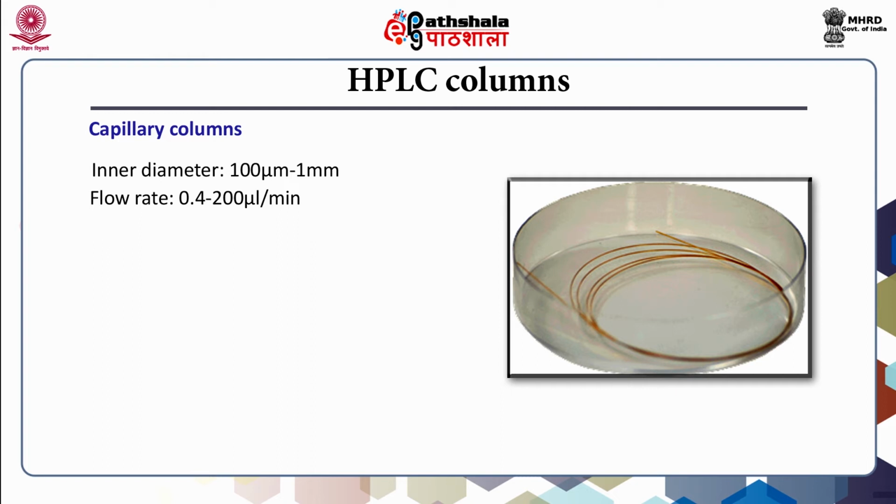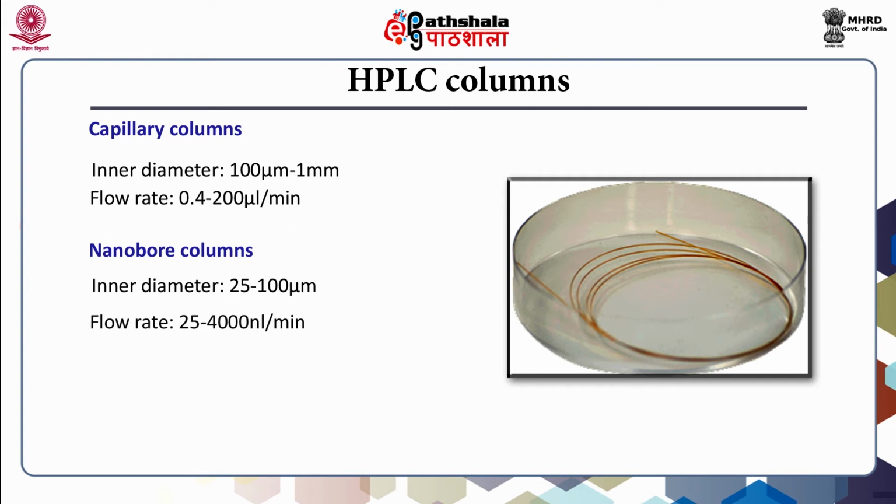Further thin columns are present, and those are called nanobore columns. The nanobore columns are thinner than the capillary columns, and the inner diameter of these nanobore columns is 25 to 100 micrometer, and the flow rate is 25 to 4000 nanoliters per minute.